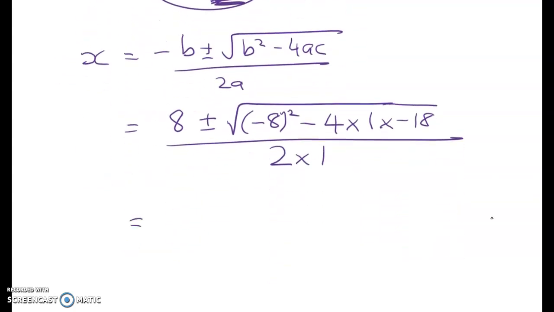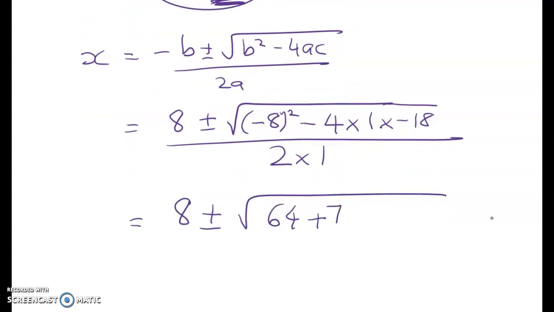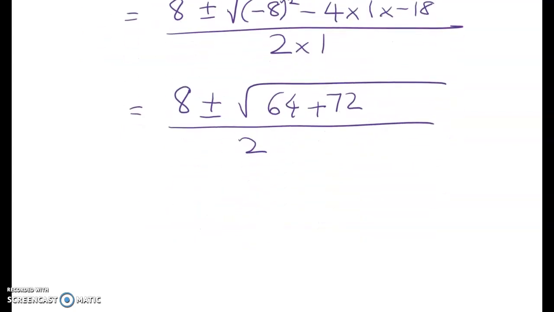Now we're going to clean that up. So x is equal to 8 plus or minus the square root of 64 plus 72, divided by 2. And that gives us this. The 8 divided by 2 is going to be easy. That's 4 plus or minus the square root of 136 divided by 2.